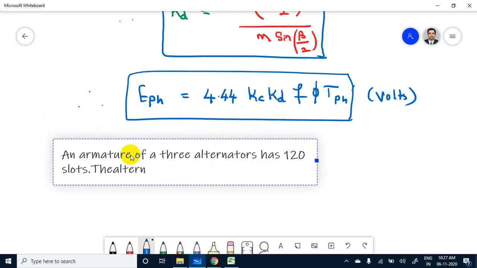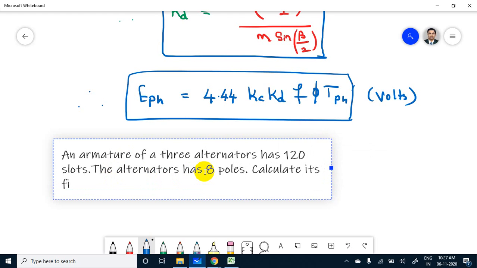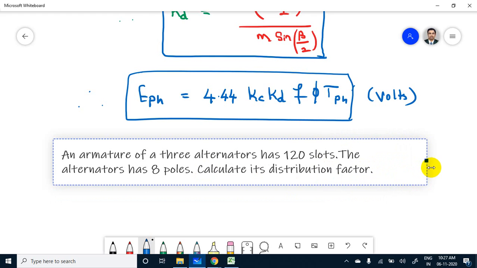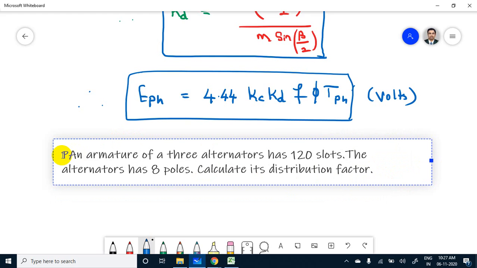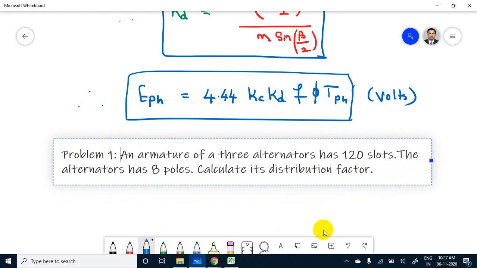The alternator has 8 poles. Calculate its distribution factor. Okay, this is problem 1, the first problem. Distribution factor.